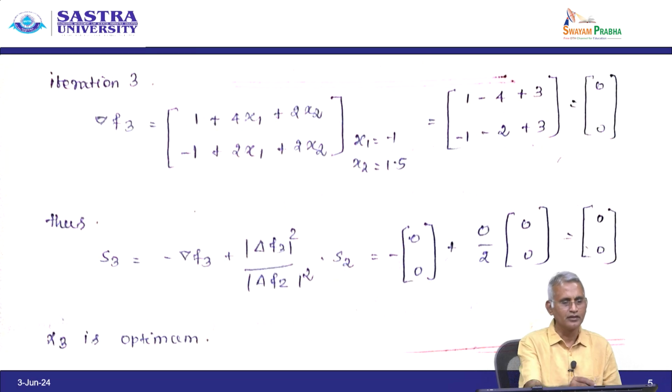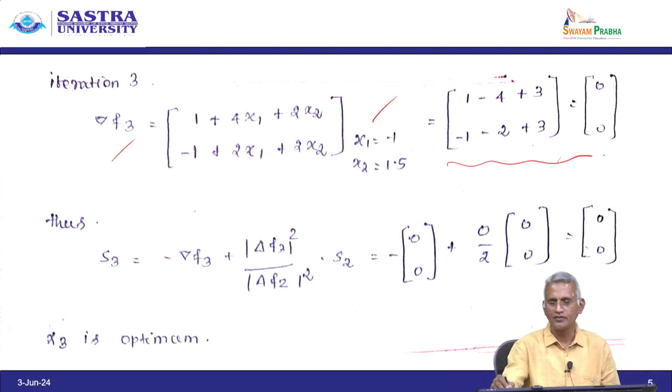Now you go to iteration 3. Delta f3 equal to the corresponding dou f by dou x1, dou f by dou x2, at x equal to minus 1 comma 1.5. Substitute it, so that we have 0 0. So, S3 equal to minus delta f3 plus modulus of delta f3 square by modulus of delta f2 square into S2.